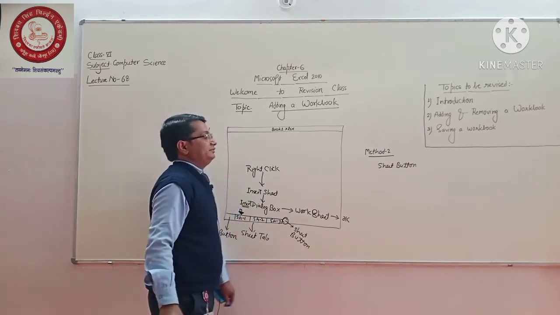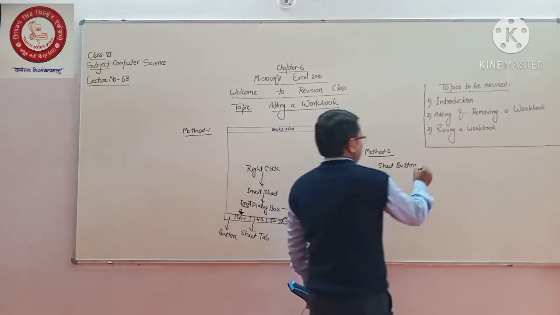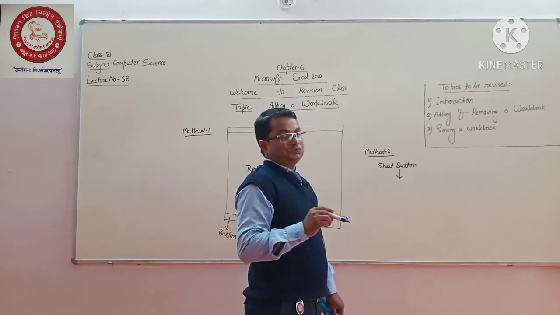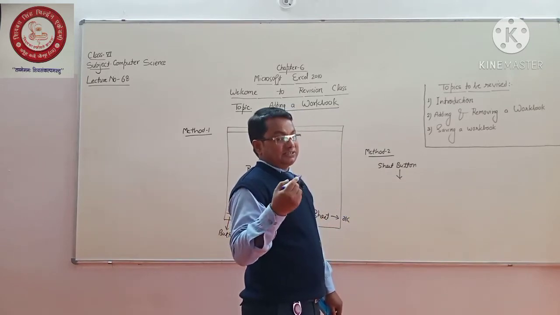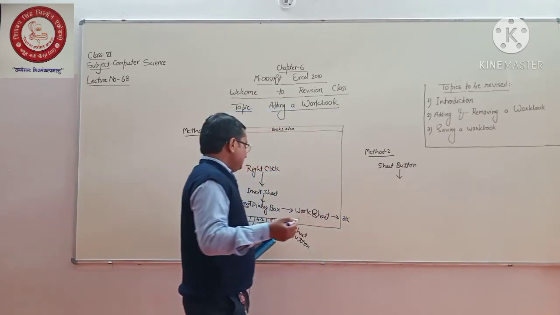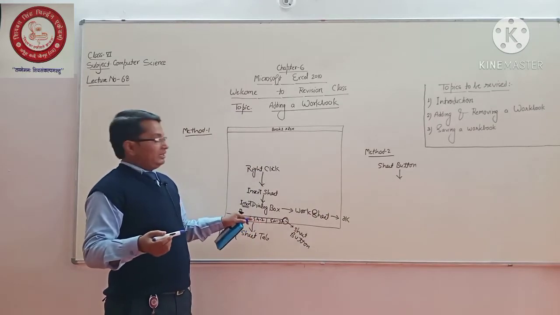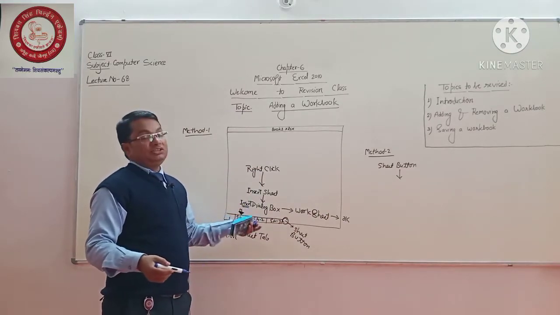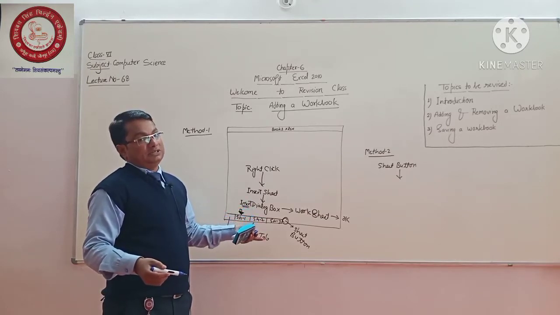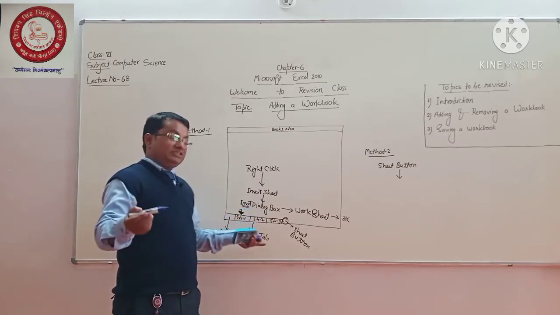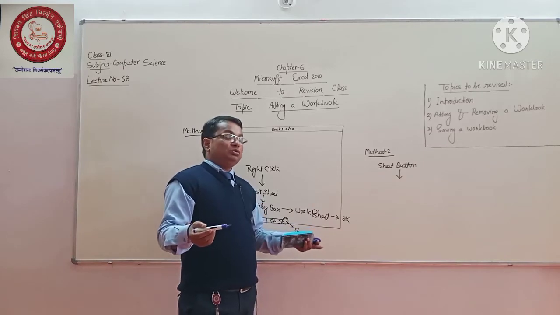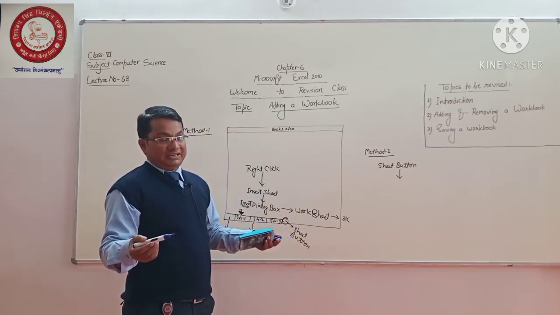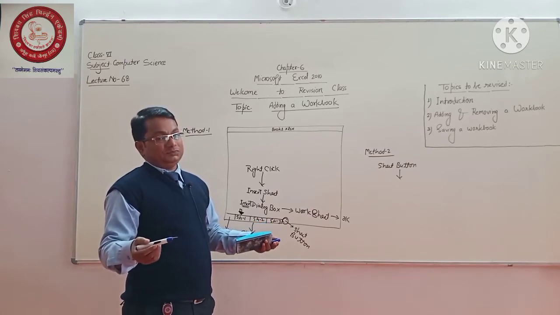Once you make a single click, it will immediately add a sheet at this place. Means after Sheet 3, Sheet 4 will appear. I think this is the method through which you can add your worksheet in an easy way.